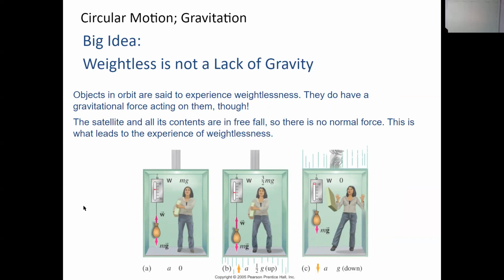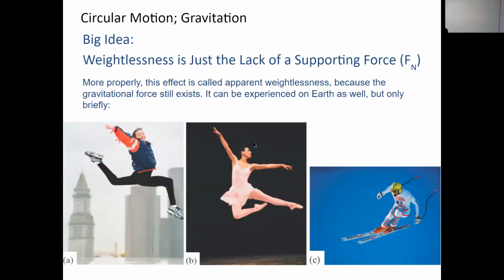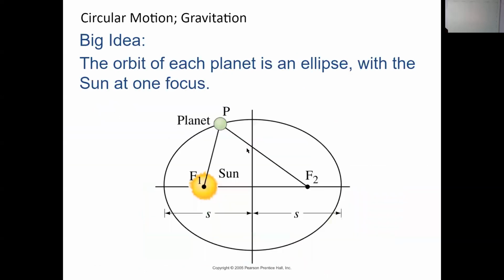And that's how come a spinning space station would feel like artificial gravity, because then you have an extra acceleration associated with it, the spinning part. So weightlessness is just lack of a normal force, and that's actually pretty common.